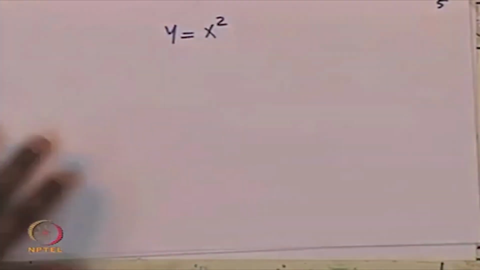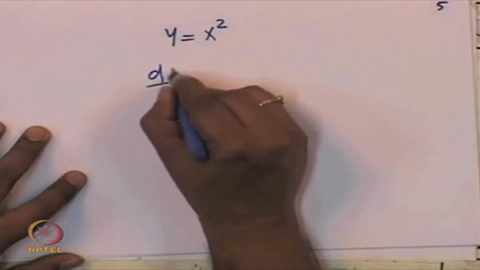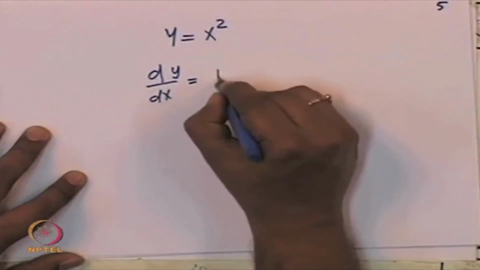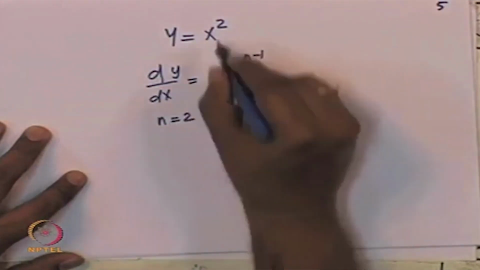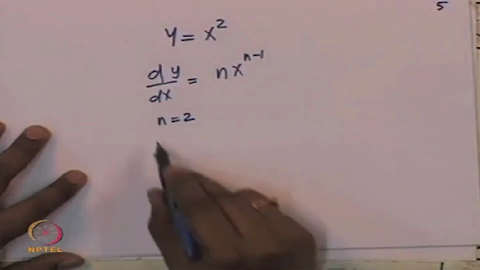Now let us look at the next function, y equal to x square. So now the rule is that dy by dx is n x power n minus 1. Here n is 2 because x power n. So n is 2.